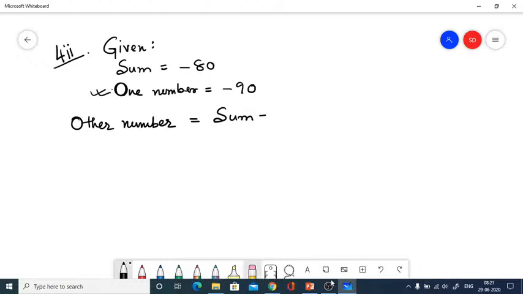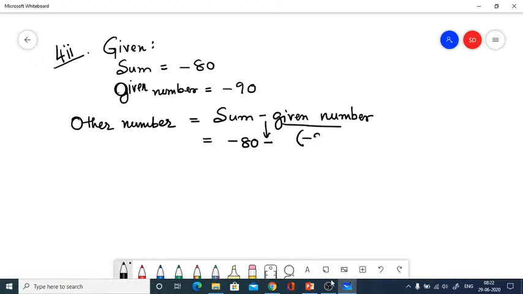So other number is equal to minus 80, which is the sum, minus the given number.